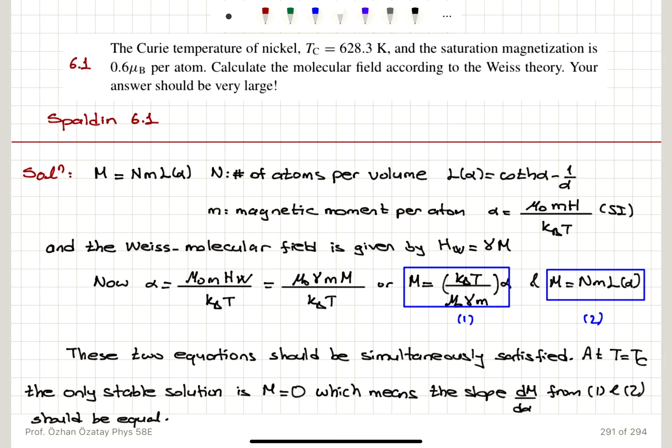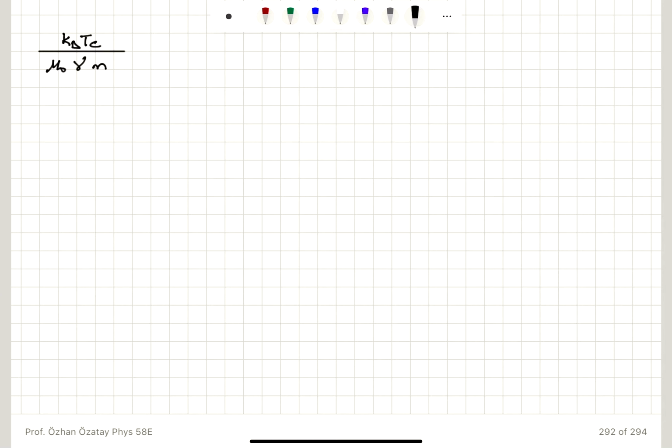So that's the dM d alpha at the Curie temperature from the first equation. And this must be equal to capital N m, the derivative of the Langevin function dL of alpha d alpha, which is to be evaluated at the Curie temperature.